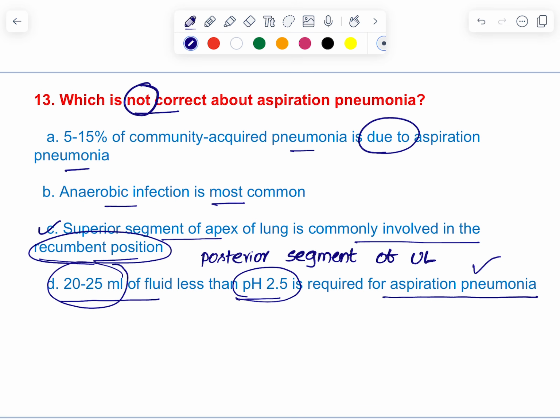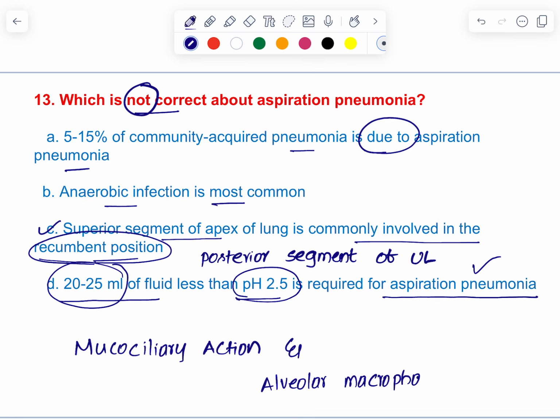Because in healthy persons, the aspirated material is cleared by the mucociliary action, and it is cleared by the alveolar macrophages. So that is the reason why in healthy persons, the aspirated material will not cause aspiration pneumonia, right?